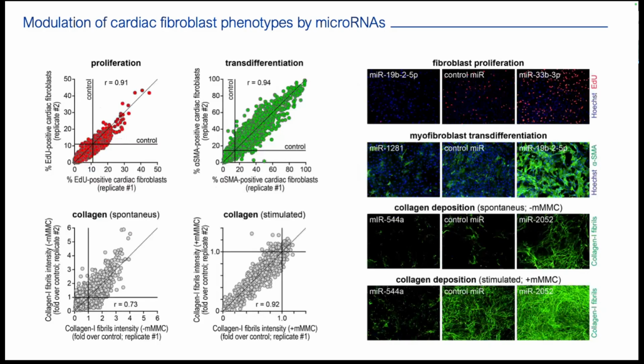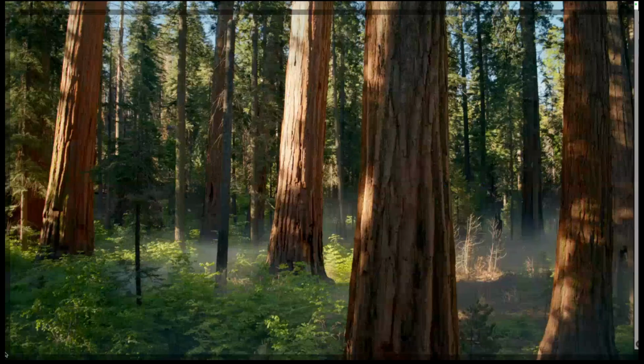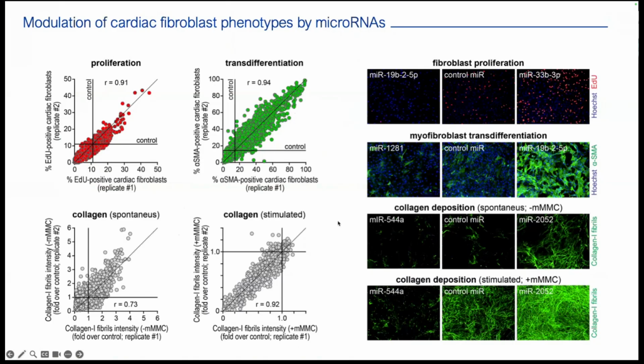And again, we find different microRNAs modulating these different phenotypes that we are now investigating. So this was just to give you an example of the 3 different cell types in these screens. Of course, we have done many others, not only in the cardiovascular system.